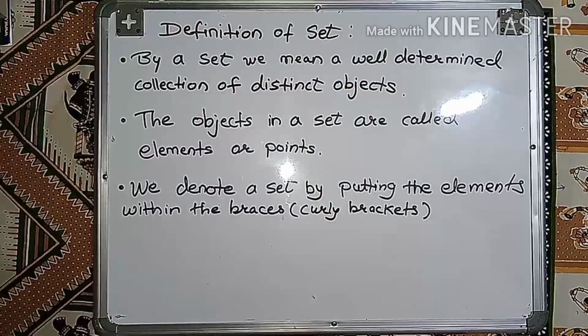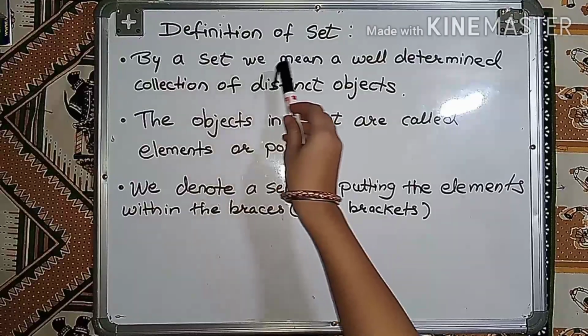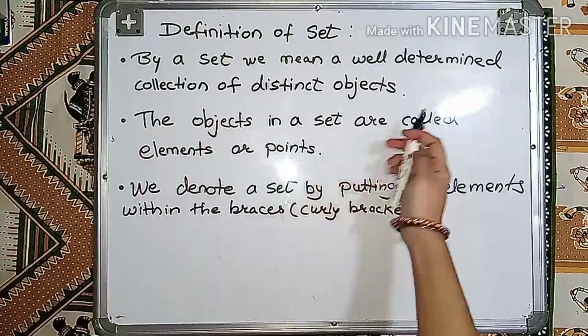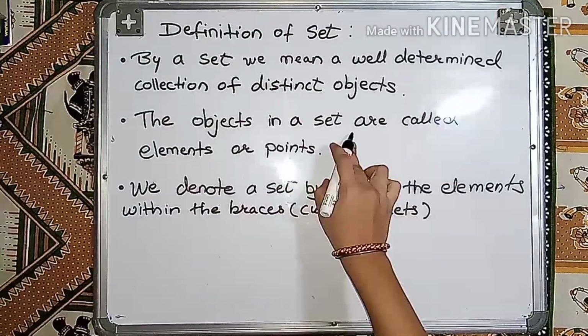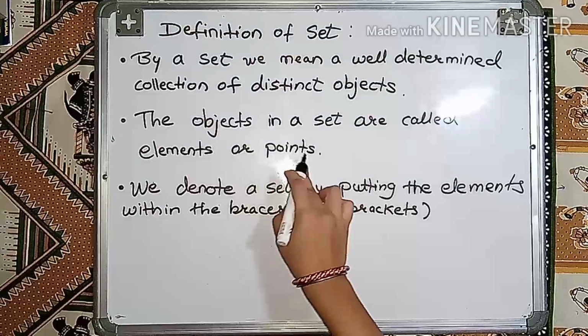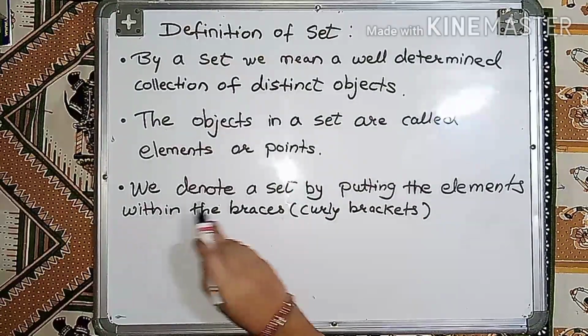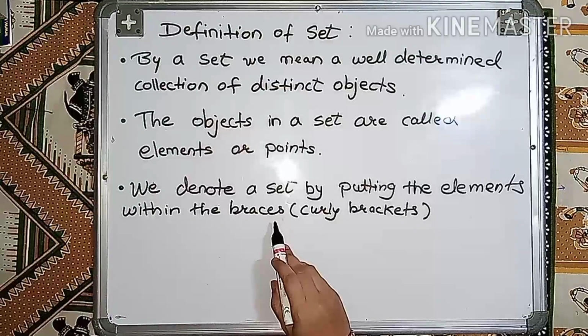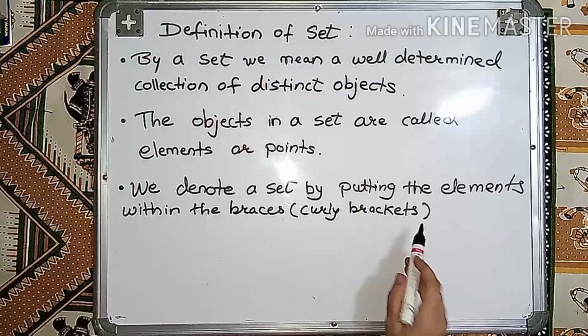Now first of all, we define a set. By a set, we mean a well-determined collection of distinct objects. The objects in a set are called elements or points. We denote a set by putting the elements within the braces or curly brackets.